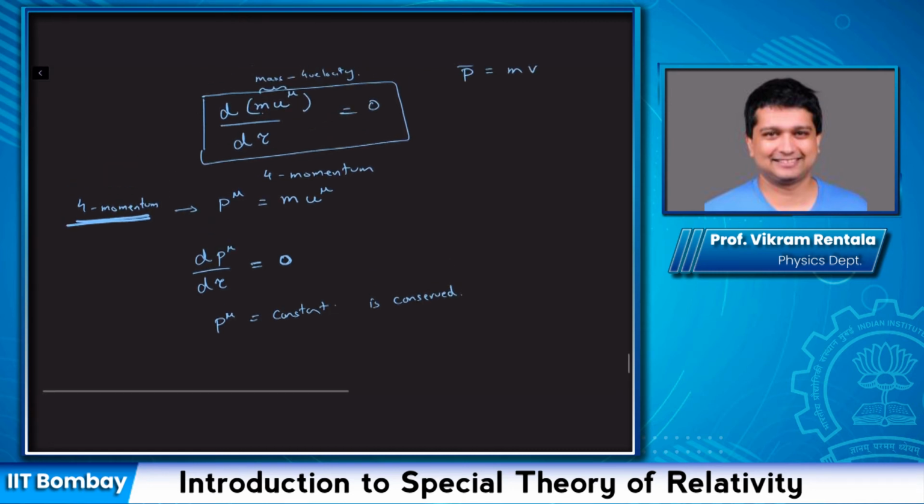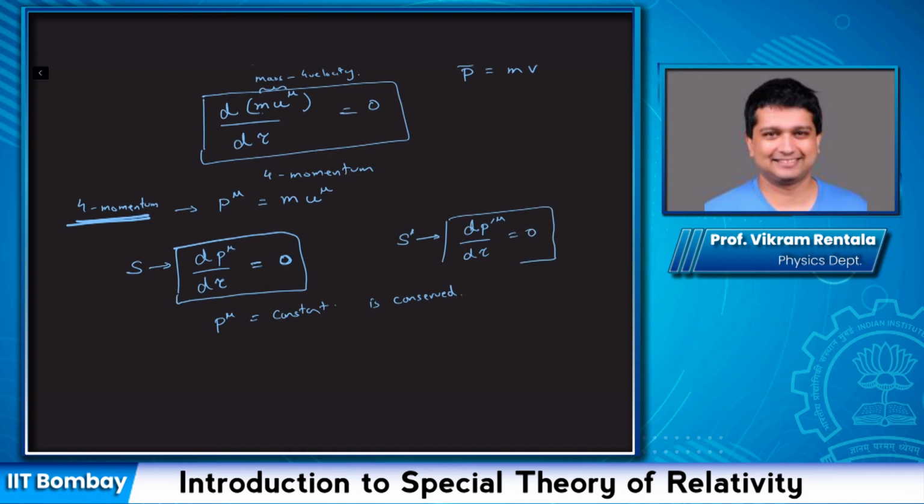And the important point is that the form of this law is the same in any reference frame. So I wrote this law down in a reference frame S, but if we were to write this law down in a reference frame S prime, we would simply write down dp prime mu d tau is 0. Tau is the same no matter which frame you calculate it in, because it's just the proper time of the particle. And p mu transforms like a 4 vector. So the law preserves the same form in any reference frame.